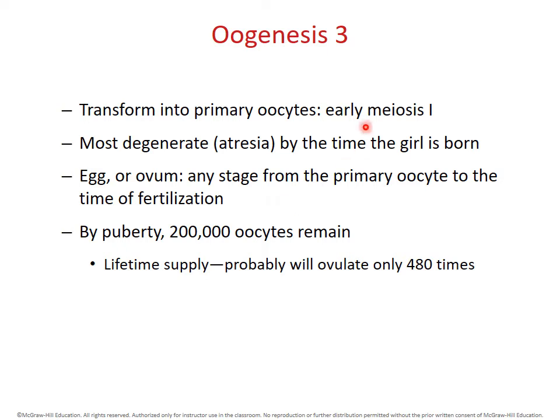The other thing to notice is that by puberty, when the sexual cycle begins, all of these 200,000 oocytes in the ovaries have been stuck in meiosis since the girl was an embryo. So if her sexual cycle begins at, say, age 12, those primary oocytes have been stuck in meiosis for over 12 years.